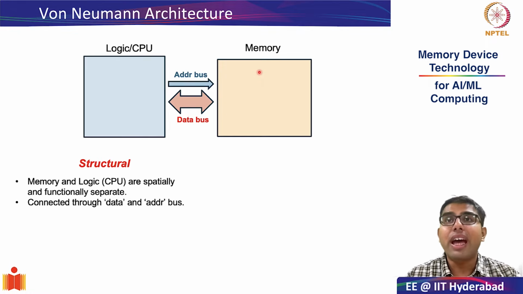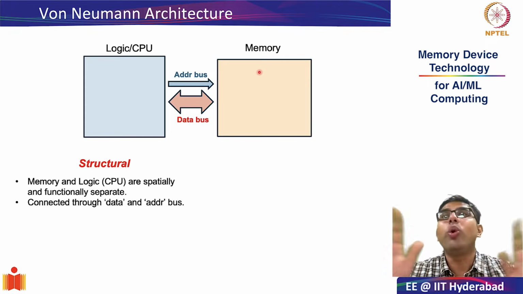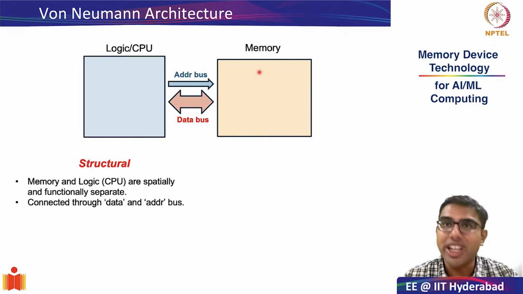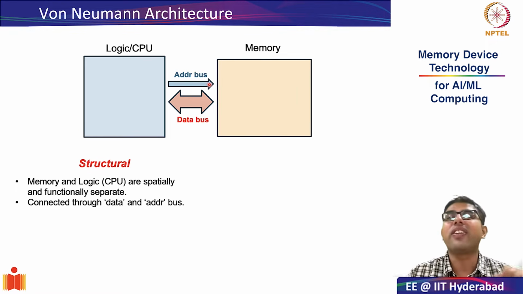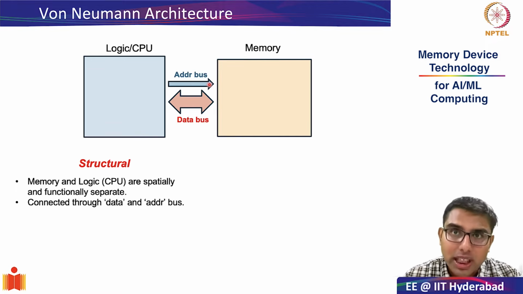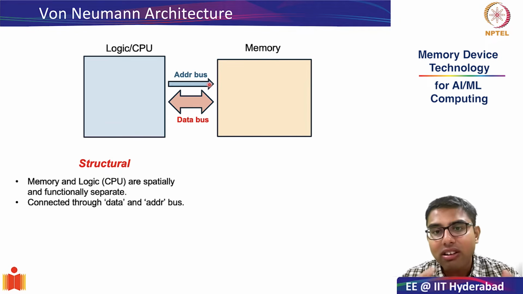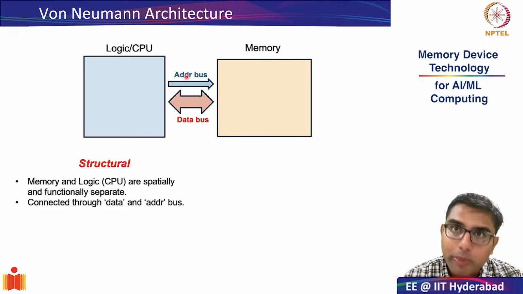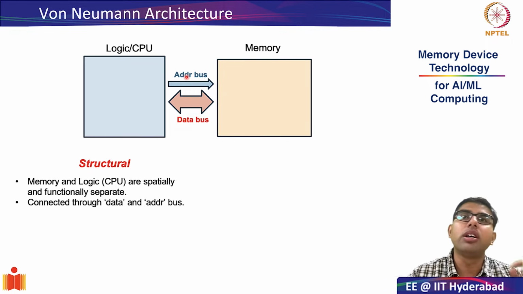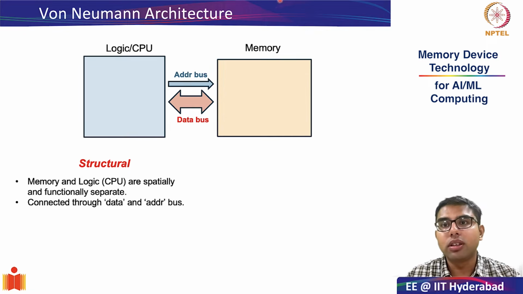Now, if an architecture has two spatially different elements which are working in cohesion, of course they need to be connected. The connection, or the data communication channel, is nothing but the address and the data bus. The address bus, as you can see in the figure, is a unidirectional bus going from the logic to the memory.